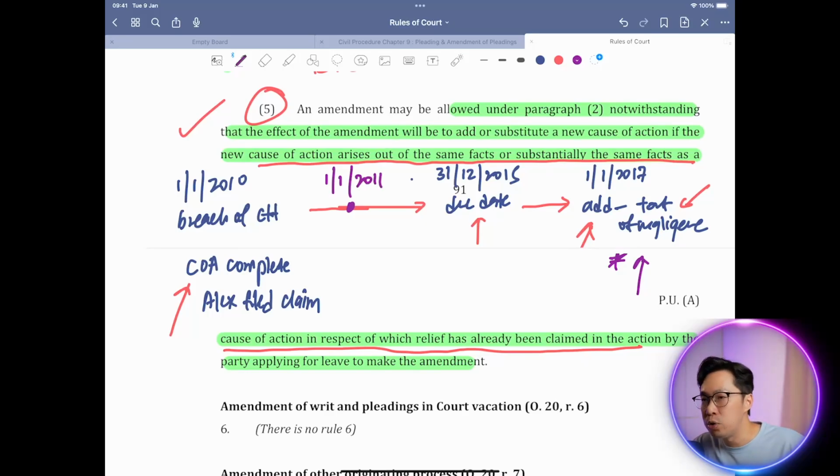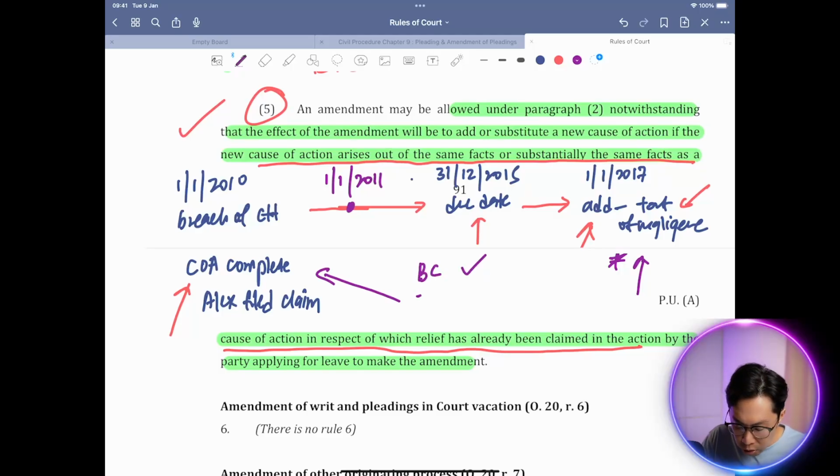Is he allowed to do so? Is he allowed to amend the writ or statement of claim to add the new cause of action? Cannot, because at this particular date, when he filed the claim, only breach of contract cause of action was complete, tort of negligence hadn't happened yet. So you cannot. Tort of negligence only happened here. So you cannot file it. You cannot amend it.